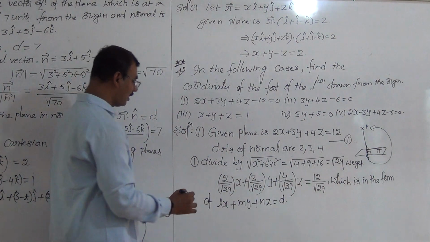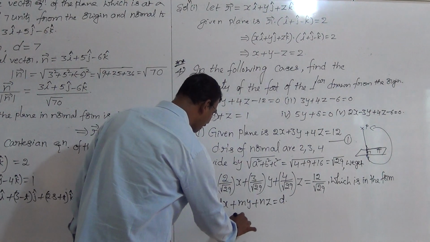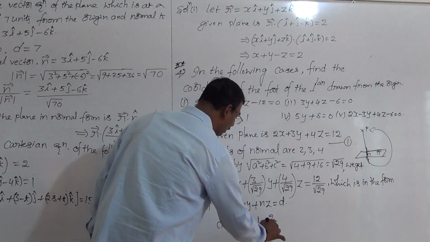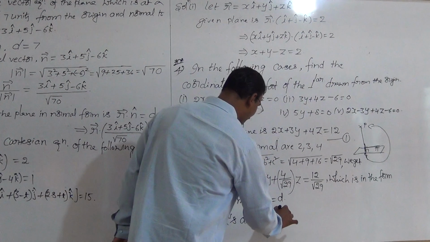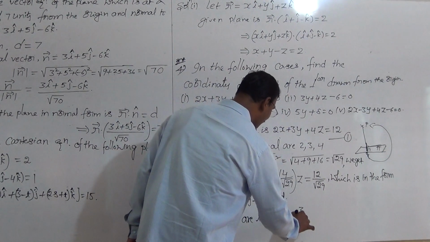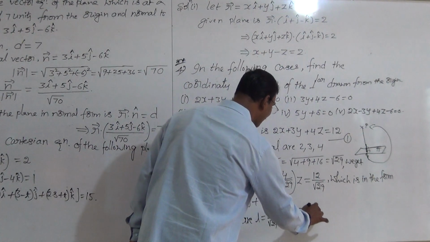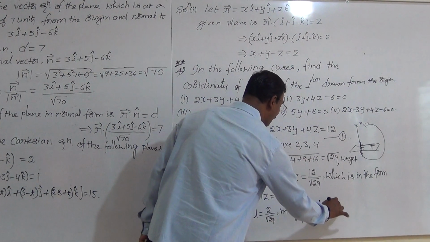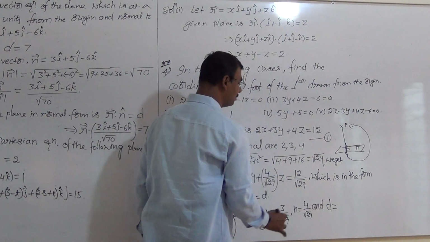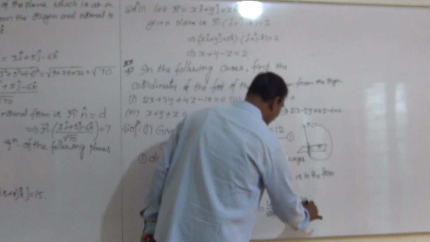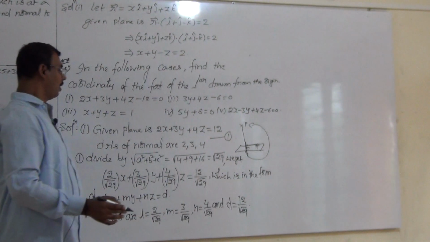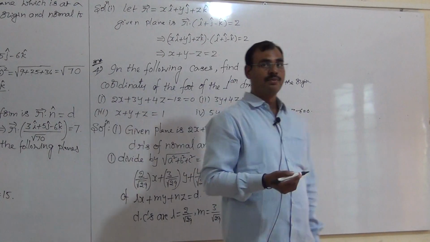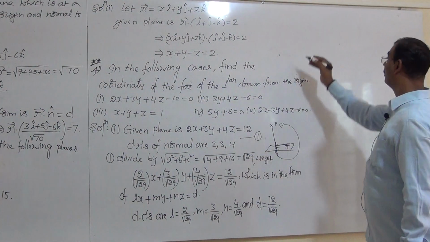So what are the direction cosines here? l is equal to 2 divided by square root of 29, m is equal to 3 divided by square root of 29, n is equal to 4 divided by square root of 29. And distance d is equal to 12 divided by square root of 29. But what is being asked? The foot of the perpendicular.